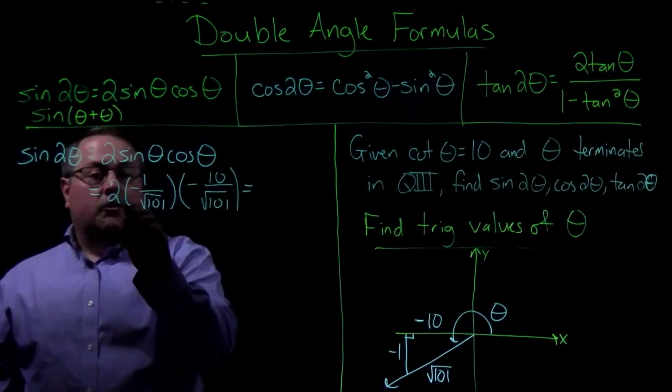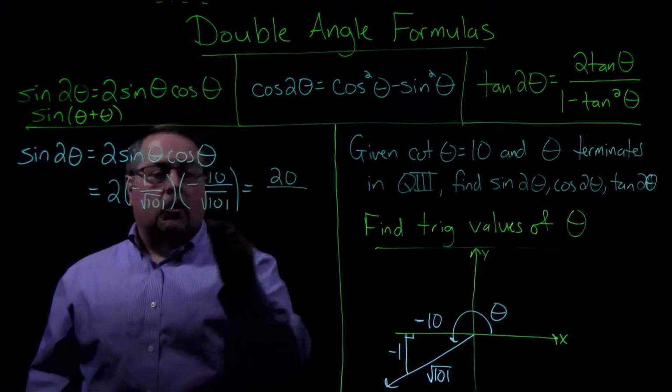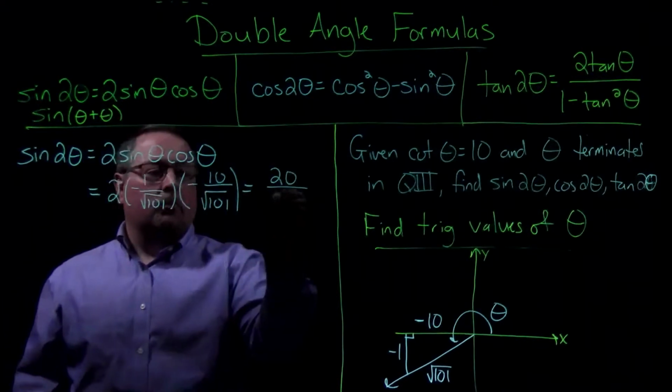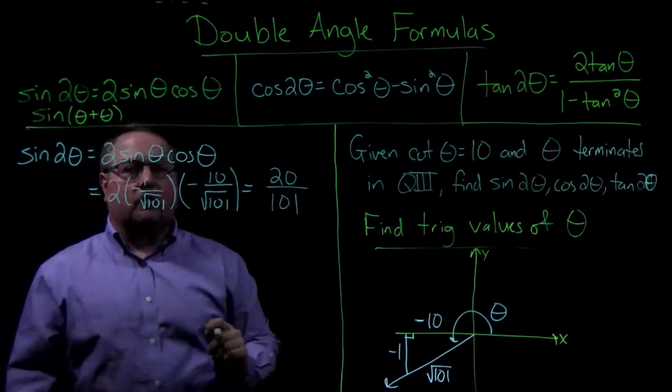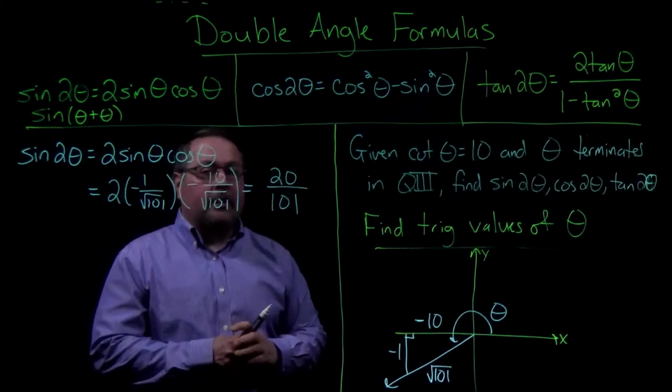So that's going to be 2 times -1 times -10, which is positive 20, over square root of 101 times square root of 101, which is 101. That's to say the sine of 2 theta is 20 over 101.